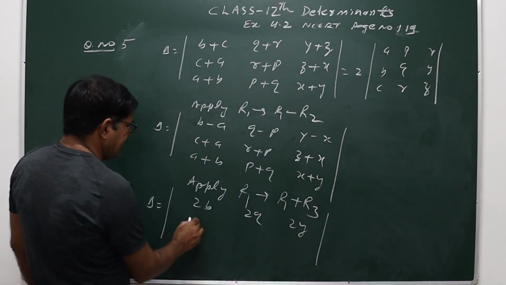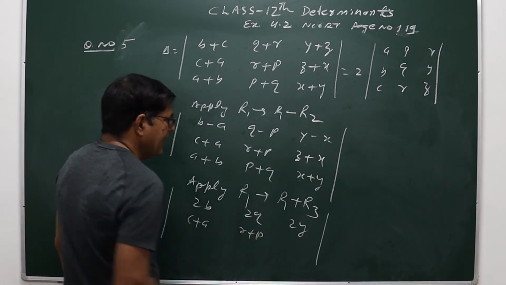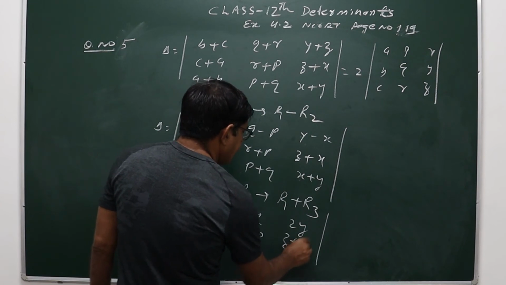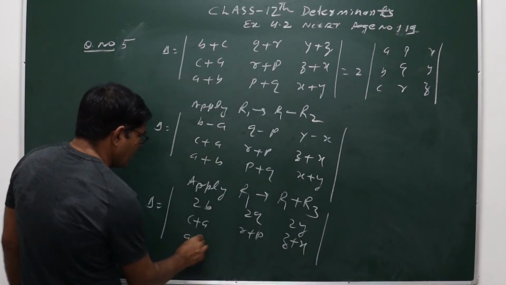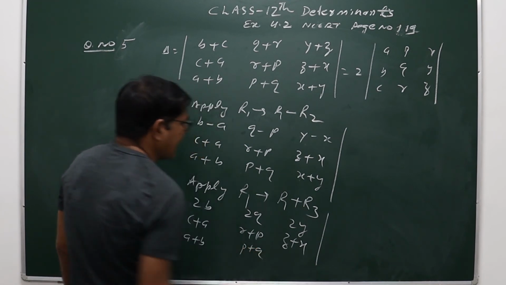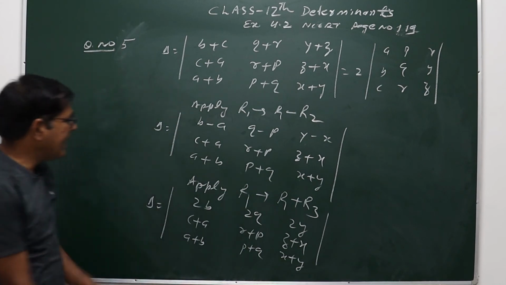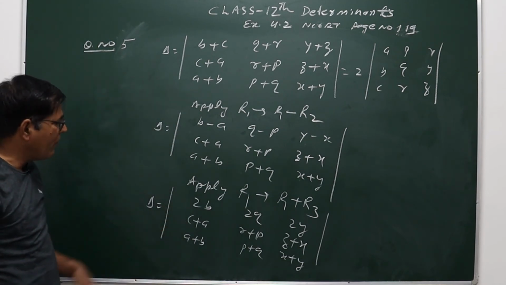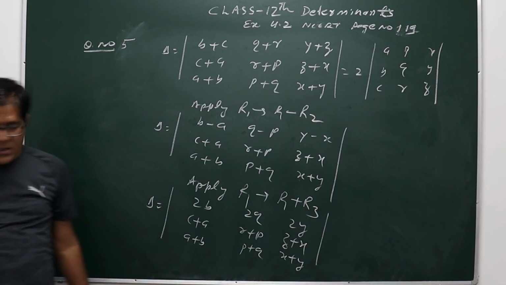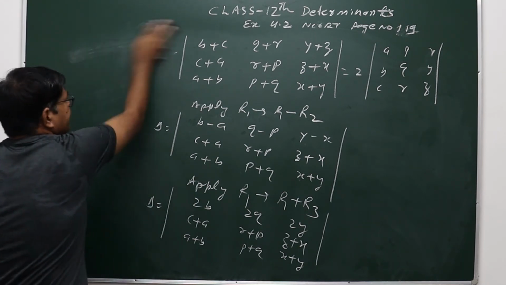And the second row is as it is: C plus A, R plus P, Z plus X, then A plus B, P plus Q, and X plus Y. Now we can take 2 as common from the first row. So please pause the video and note down.